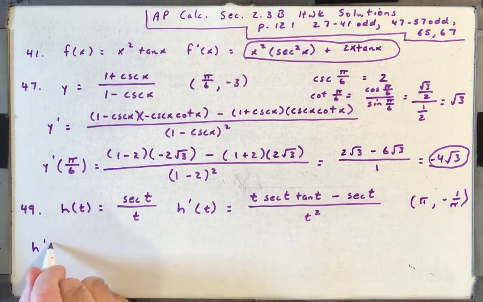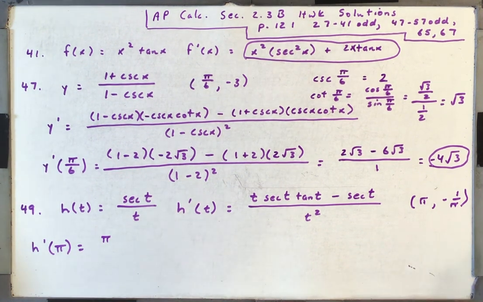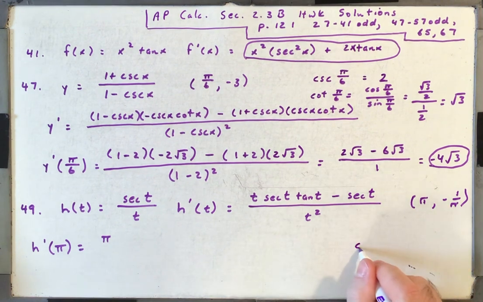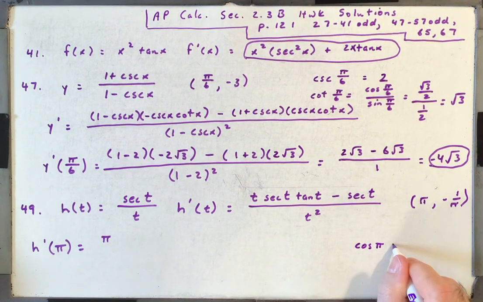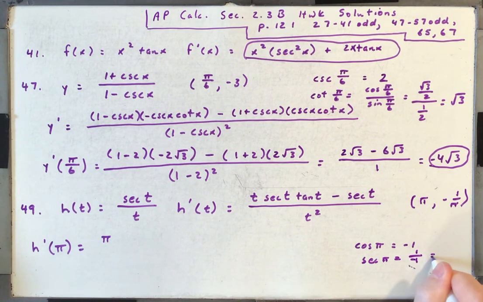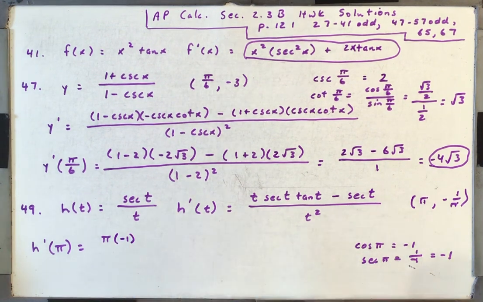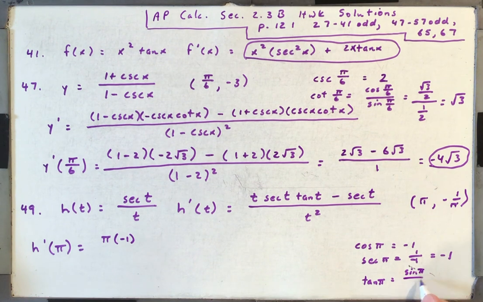Okay, so h prime of pi is equal to pi. So what is the secant of pi? Well, secant goes with cosine. Cosine of pi is equal to -1. So the secant of pi would be 1 over -1, which is also -1. So secant of pi is -1. Tangent of pi would be the sine of pi over the cosine of pi.